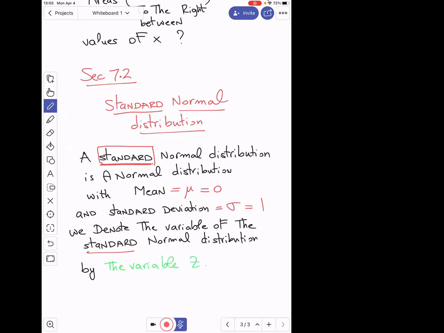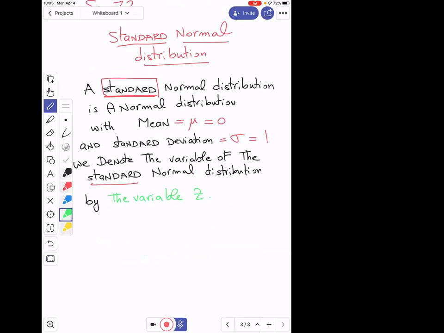All right, so why do we bother ourselves with the standard normal distribution? The good news is that we have a table in our formula sheet that we can use to find the area to the left of any value of Z. There's the table number 3. I'm gonna show you in a minute the table.